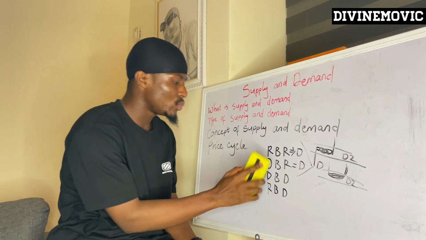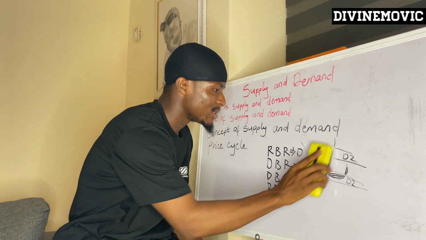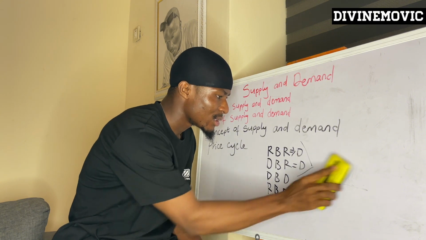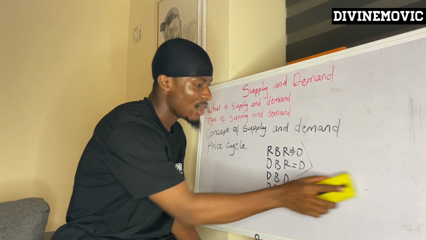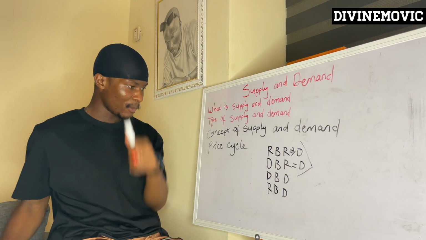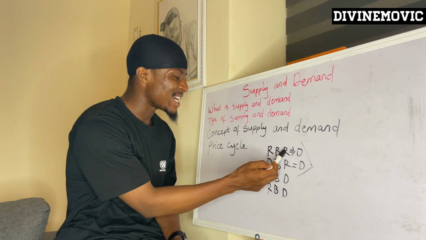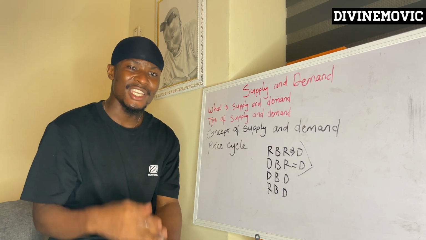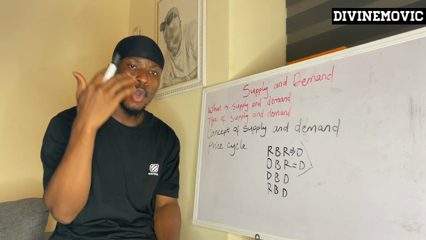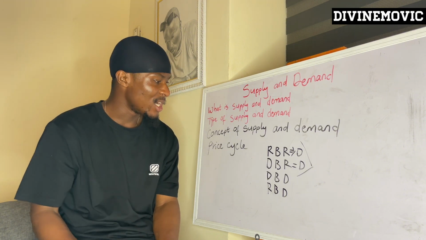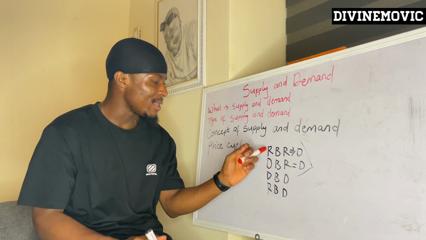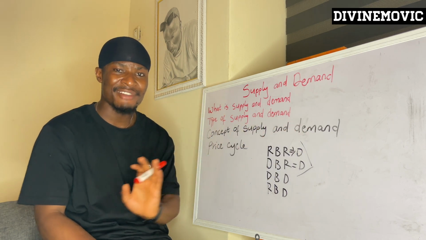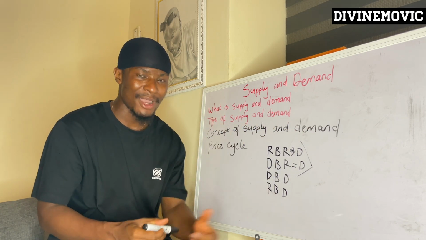Haven't we understood what rally base rally looks like? Let's go into it deeply. Now we have the rally base rally. Is it a continuation pattern or a reversal pattern? For us to know, we simply have to reflect back on what it says.